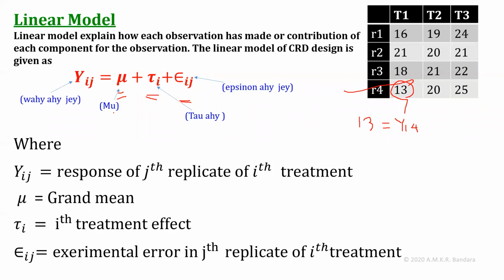First one is the grand mean of the population. Second one is the effect of the ith treatment, the treatment applied for that experimental unit, and the experimental error corresponding to each of these observations: experimental error in the jth replicate of the ith treatment.